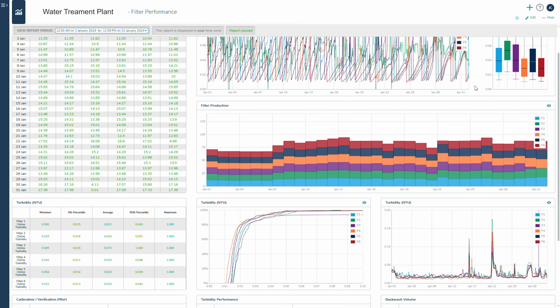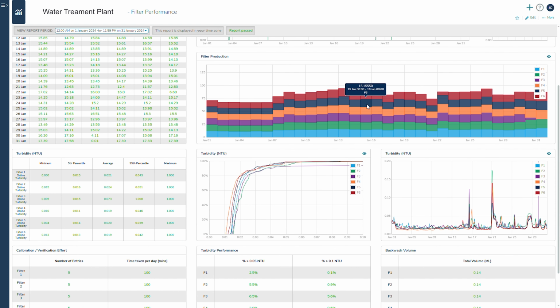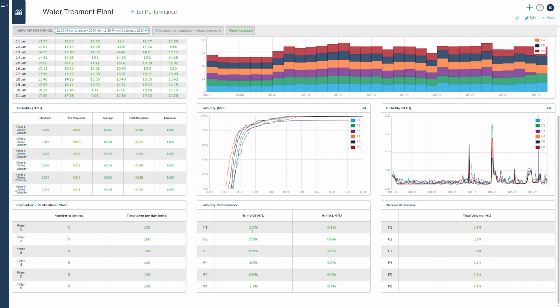So again, where you're in a potentially water constrained environment, if we're thinking drought seasons or anything like that, you might be able to squeeze another couple of percentage efficiency out of these filters. So in reviewing your backwash process, where you might be over backwashing or under backwashing, you might be seeing a lot of water wastage there. So I think, again, it's just taking that SCADA data, taking potential laboratory data, and combining that up to give you some kind of outcome.